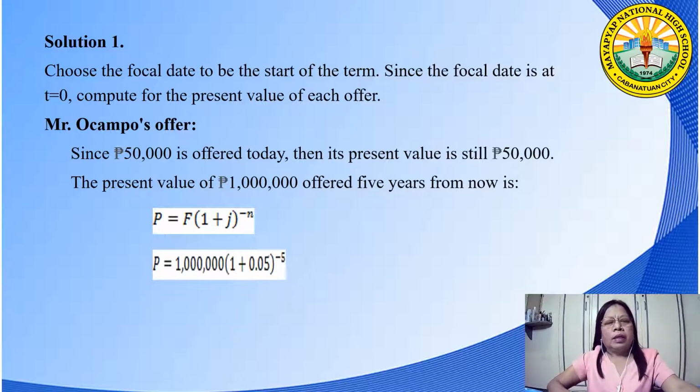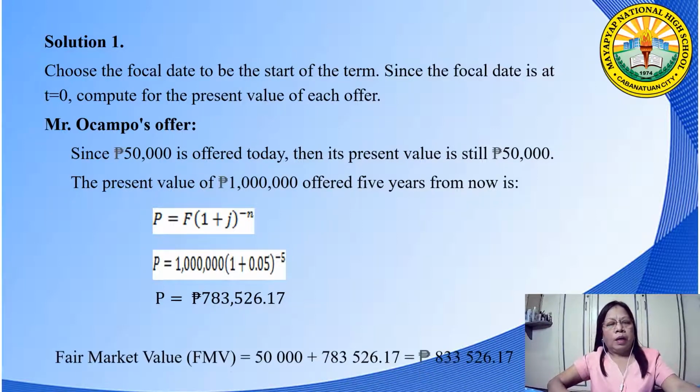So you replace F as 1 million, then multiply by the constant 1 plus 0.05 raised to negative 5, wherein 0.05 comes from the annual rate of interest, which is 5% compounded annually. So P is equal to 783,526.17.